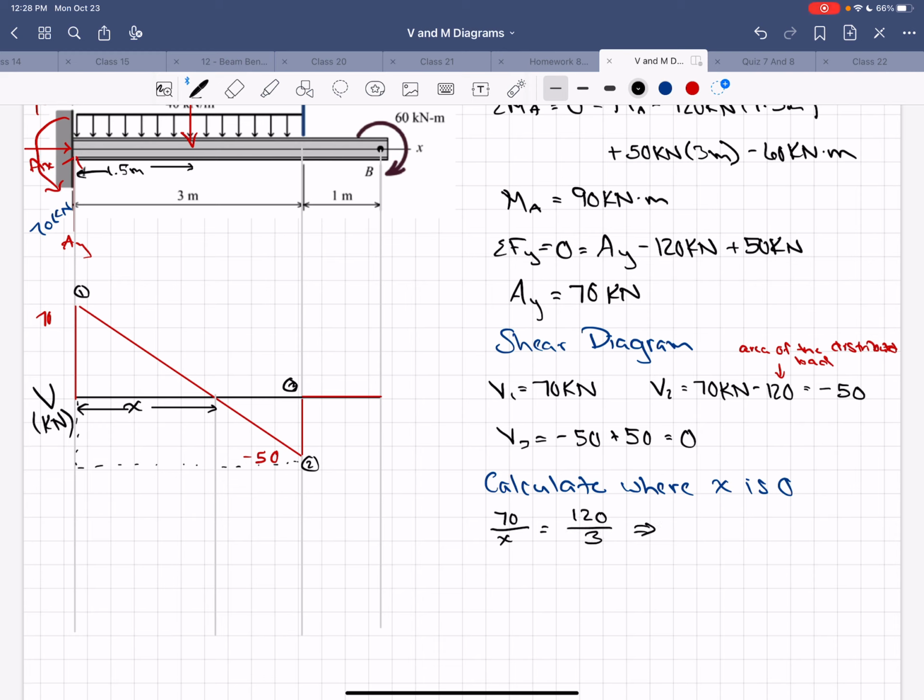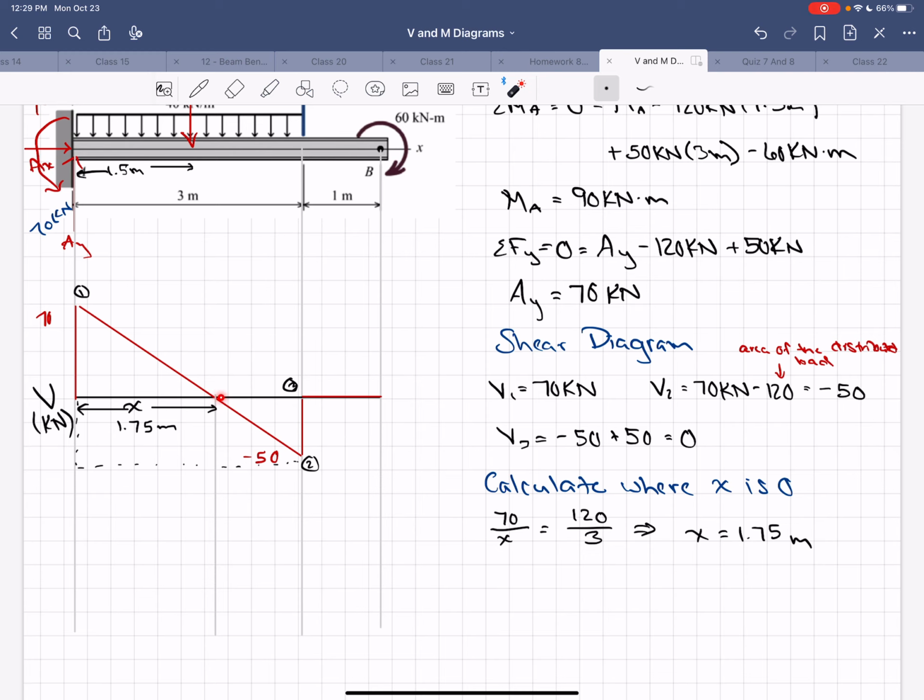And we find out that x equals 1.75 meters. So this is 1.75 meters. Okay, so we know that the value of the shear is the slope of the moment.